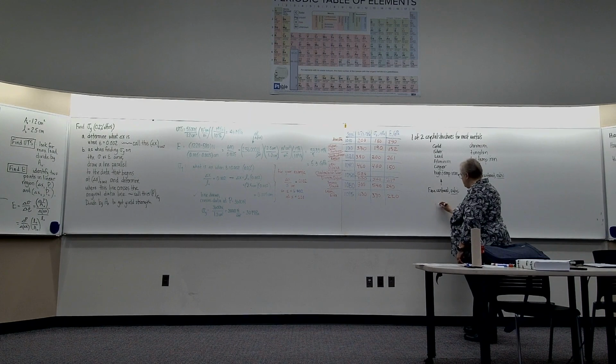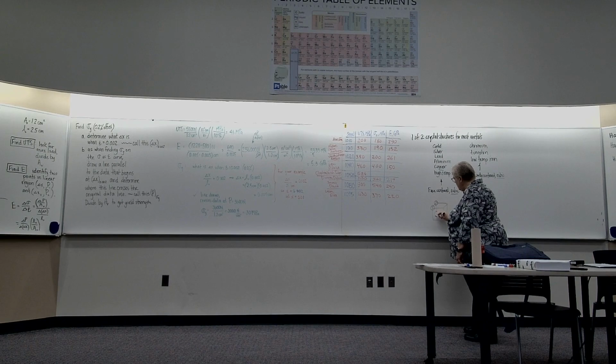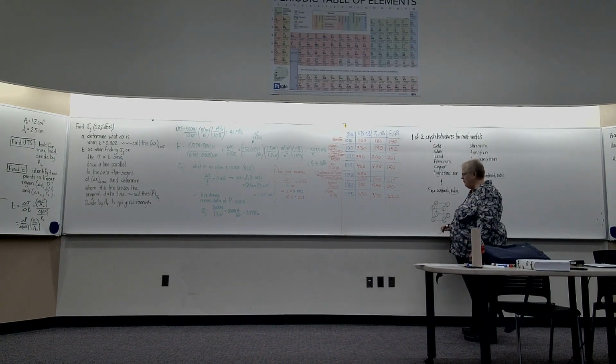Face-centered cubic: the arrangement of atoms that repeats in space has an atom at every corner. That's why it's called cubic. And an atom at the center of every face.